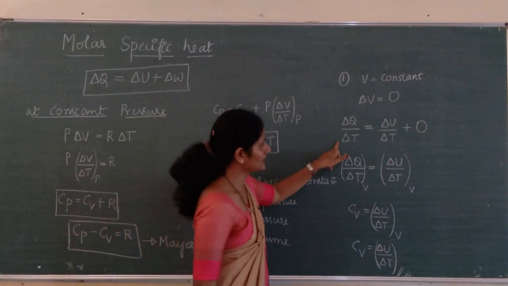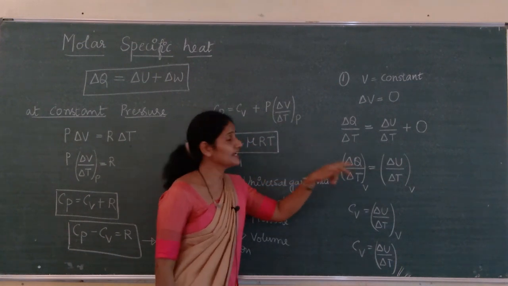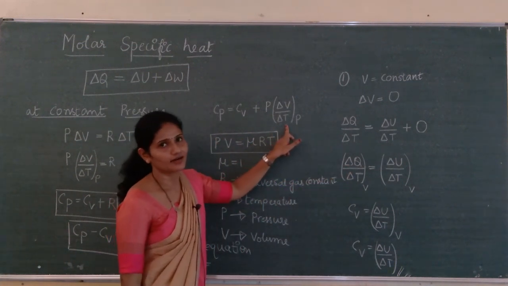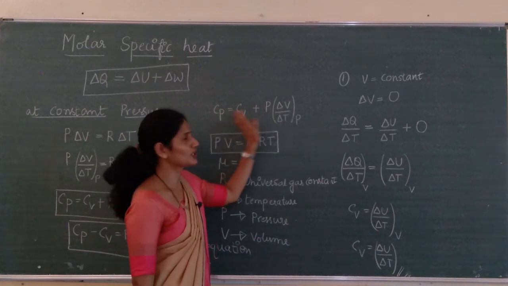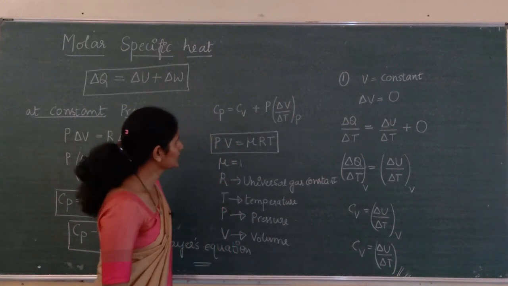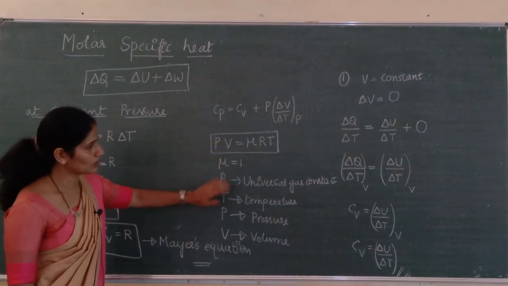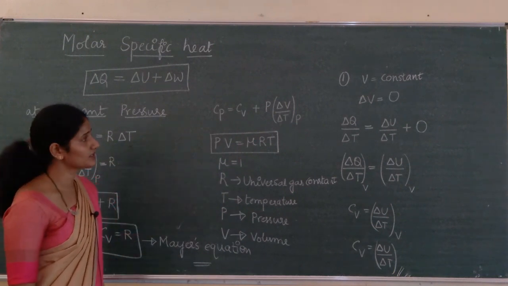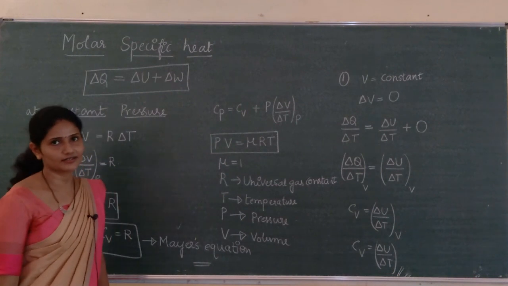So, delta Q by delta T is equal to delta U by delta T plus P into delta V by delta T. Volume changes, only the pressure remains constant, so the equation remains the same. Delta Q by delta T is nothing but Cp. Cp is equal to delta U by delta T, which is Cv, plus P into delta V by delta T.